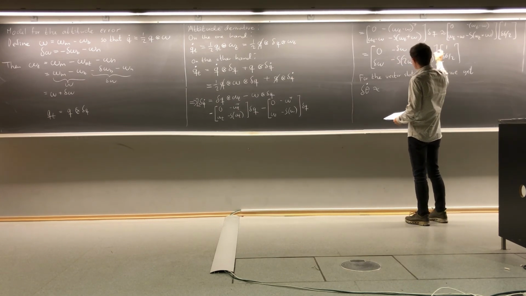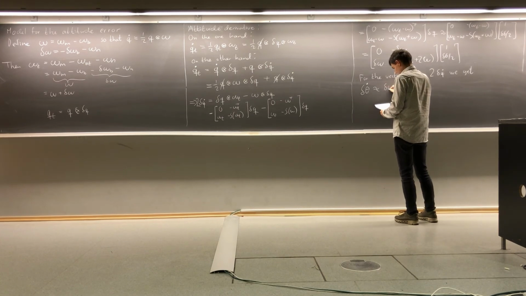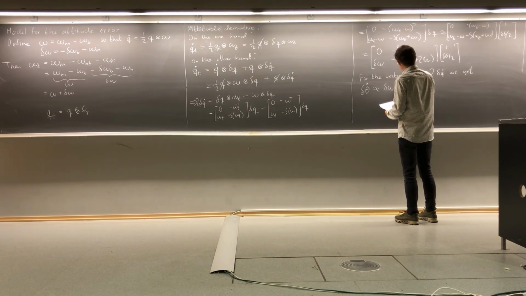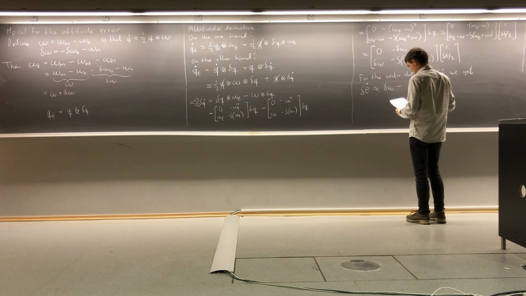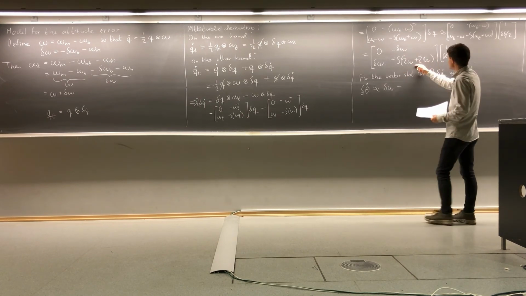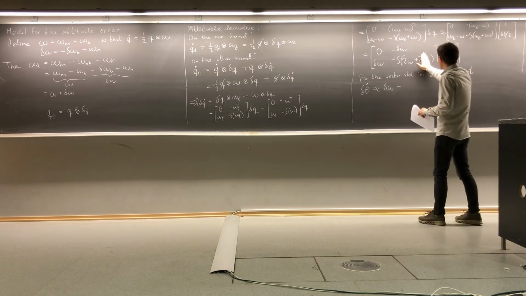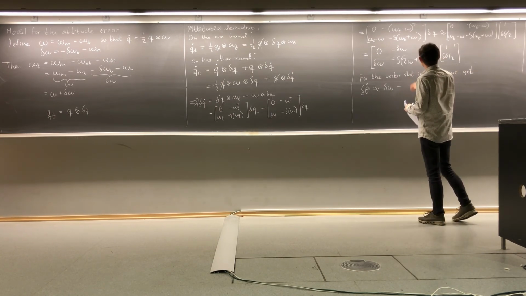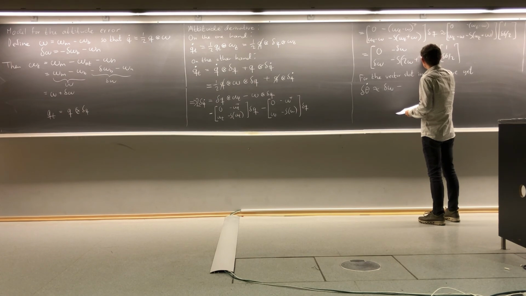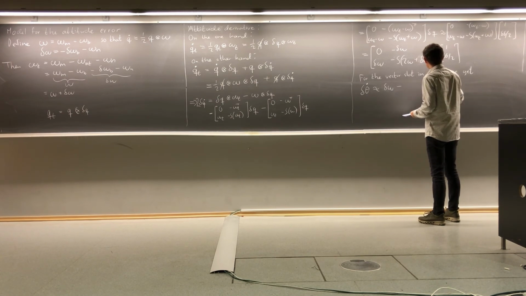Then I'm going to get this times this. So I'm going to get delta omega. And then I'm going to take this, right, but it was not clear enough, delta omega.